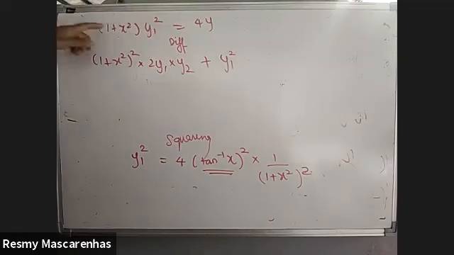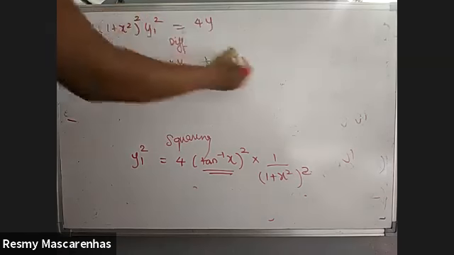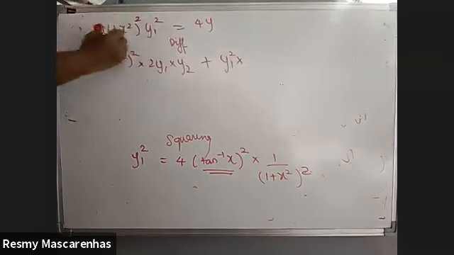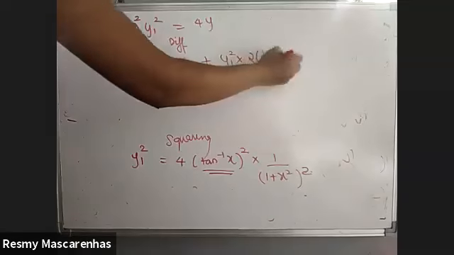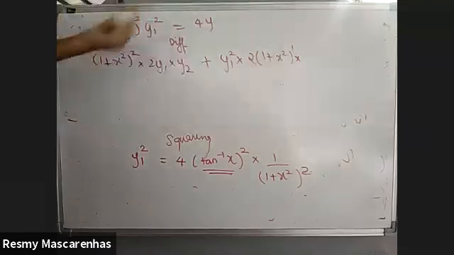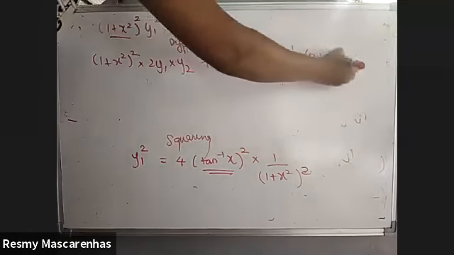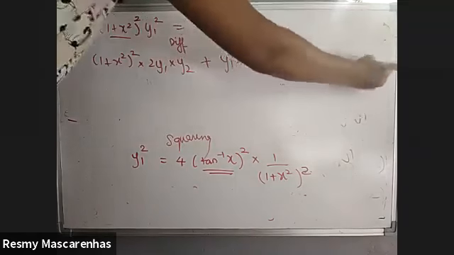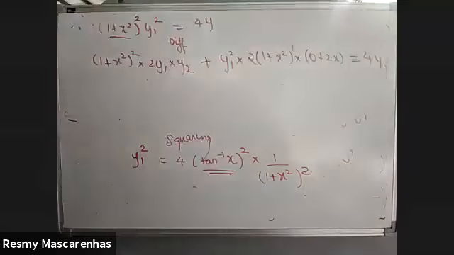If square was not there, then straight away the answer would have been what? 0 plus 2x. But this is square. Again, same like this. So first what will be the answer? This is like x square. So it will become 2x raised to 1 into derivative of what is inside. So 0 plus 2x. And then 4y1.